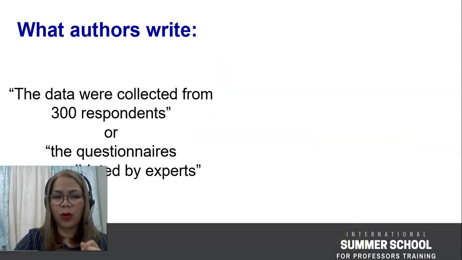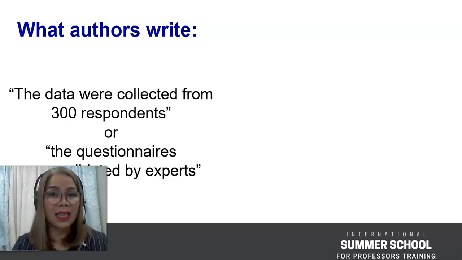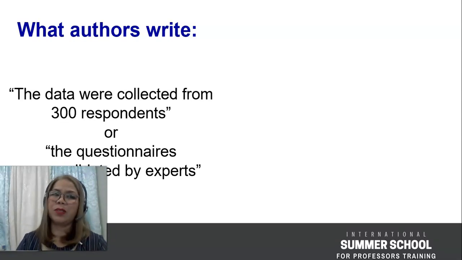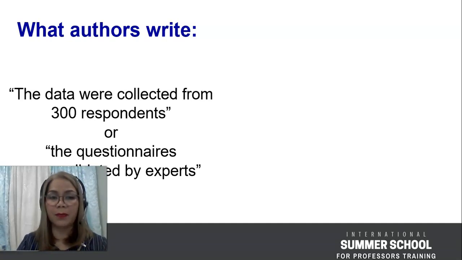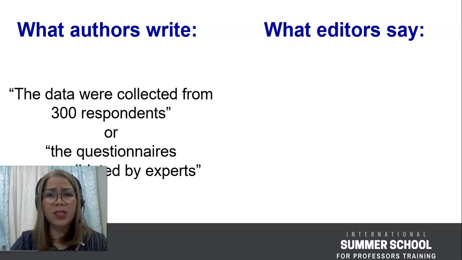More often, we read this in some articles or we write this in our articles: we say the data were collected from 300 participants, or we write the questionnaires were validated by experts. Now, what do editors say?